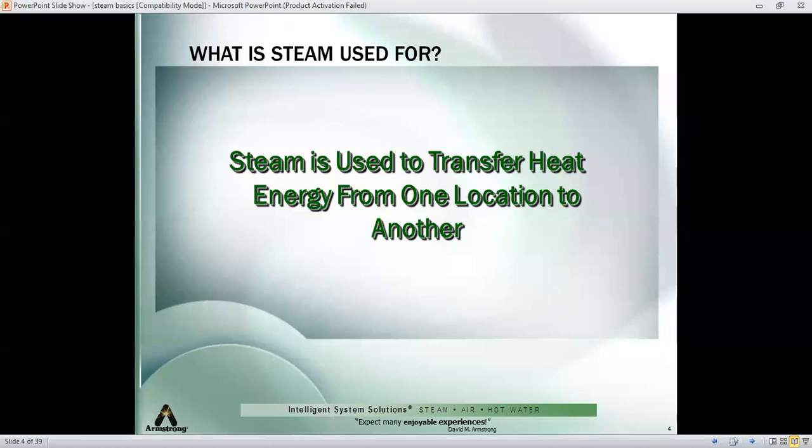Why am I going over these things again? Because it is important, because we are discussing our equipment. Our equipment is operated through steam. One generates the steam, and the other makes use of the steam.